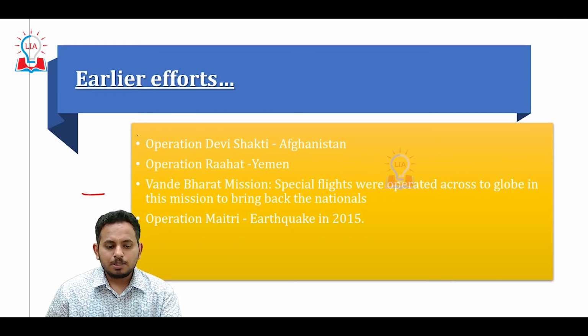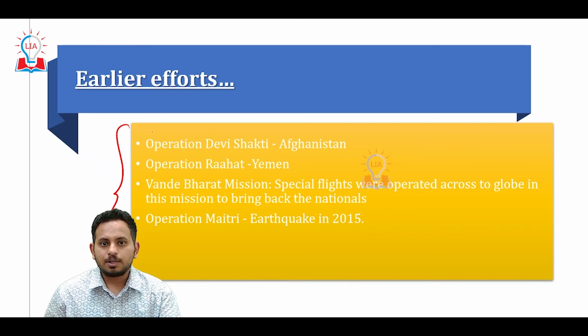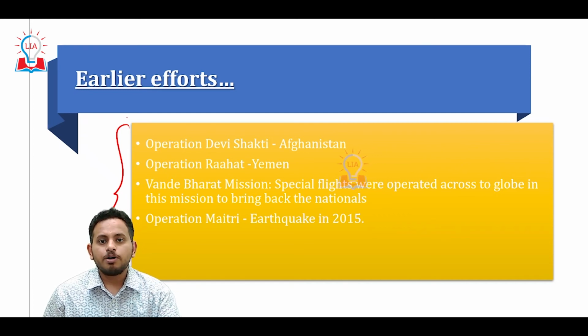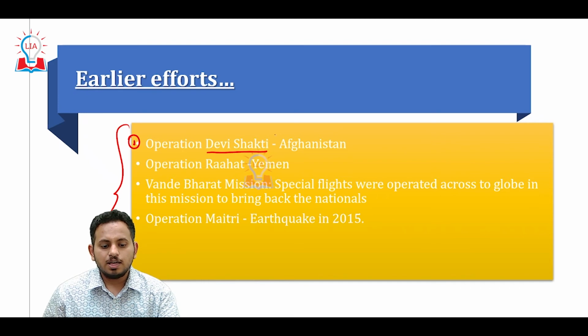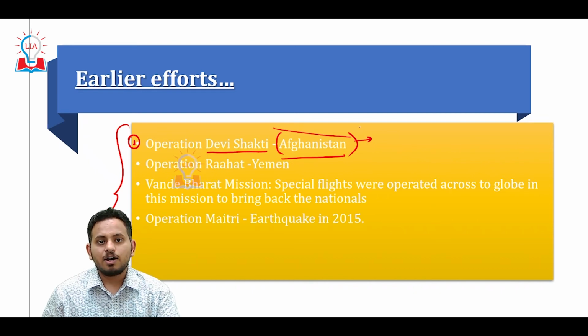From the prelims perspective, let's see the different operations that India successfully carried out in the last few years. First one, Operation Devi Shakti. This is the operation the Indian government carried out to evacuate citizens from Afghanistan.